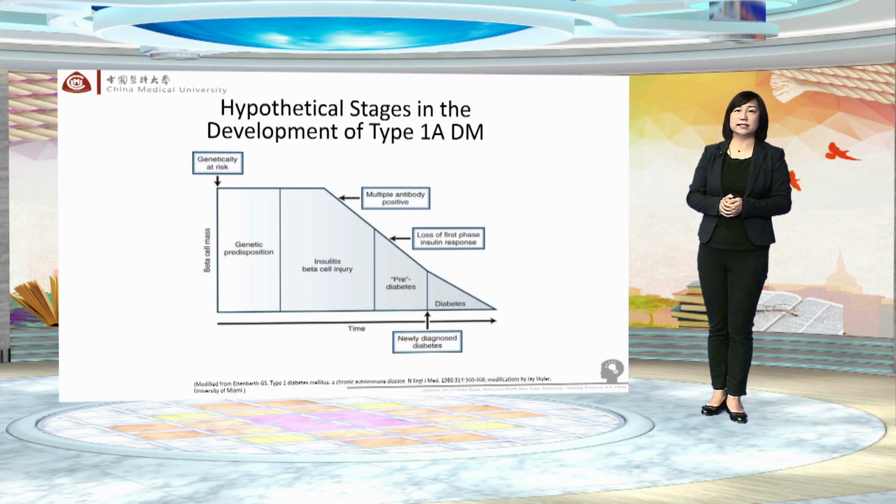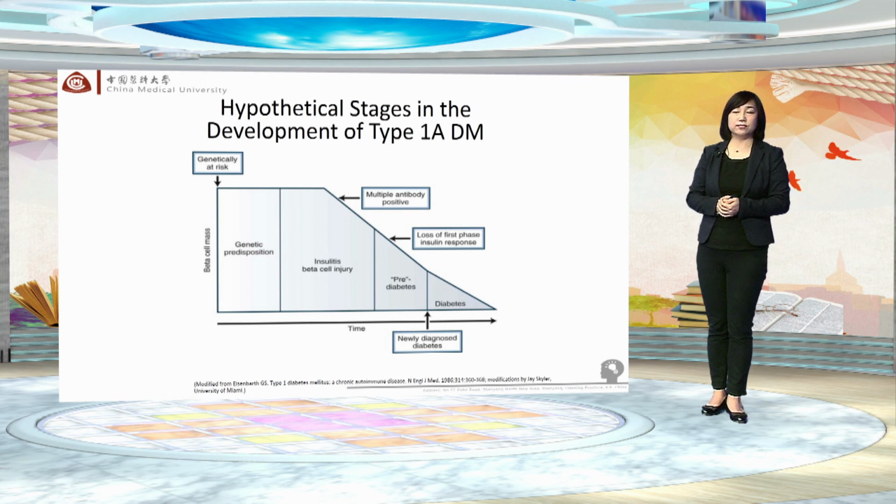Most patients with type 1 diabetes have antibodies, which belong to type 1A diabetes. There is also a small number of patients who do not have antibodies, which belongs to type 1B diabetes. This figure is a hypothesis of the various stages of type 1A diabetes. The y-axis is the number of beta cells, and the x-axis is time.